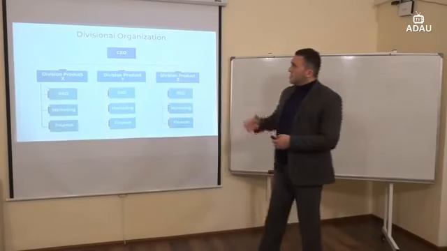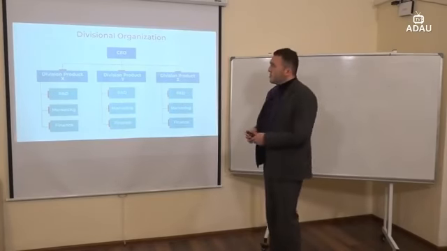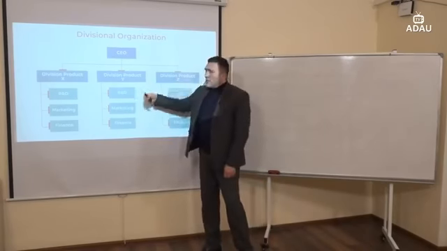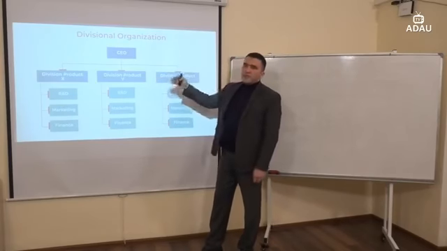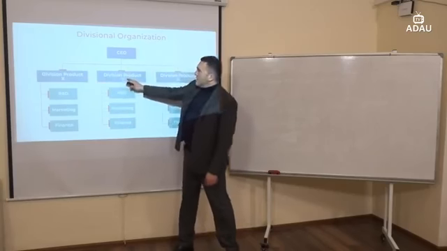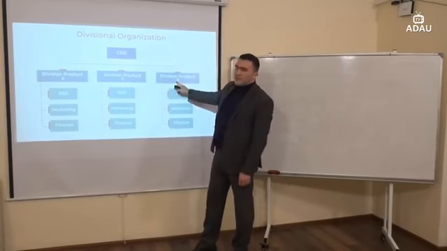And this is a graphic vision of divisional structure. As you can see from the picture, the organization is divided into three main divisions. These are product X division, product Y division, and product Z division.